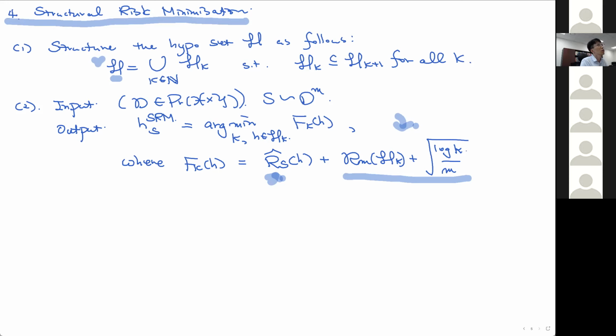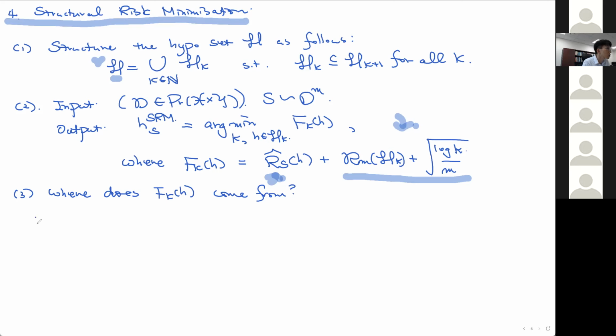Now, so that's the intuition, but formally where does this actually come from? This actually comes from the generalization bound, which is the following.